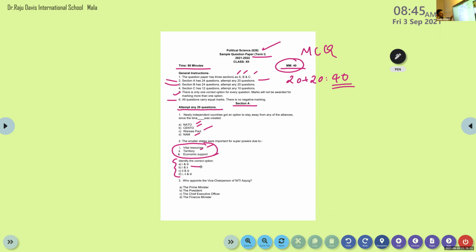Smaller states, vital resources are there, and not only that, territory is also important for the superpowers. So the question says smaller states were important for superpowers, not superpowers were important for the smaller states. So please observe it clearly.